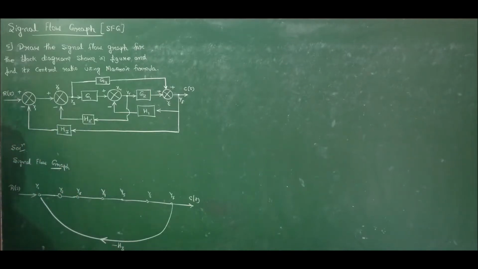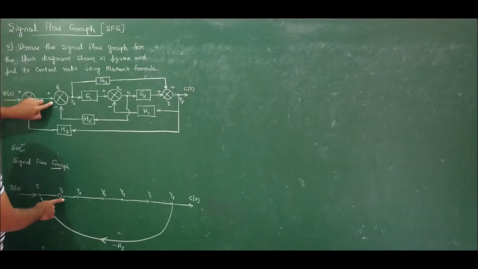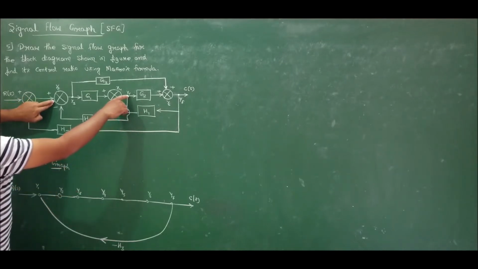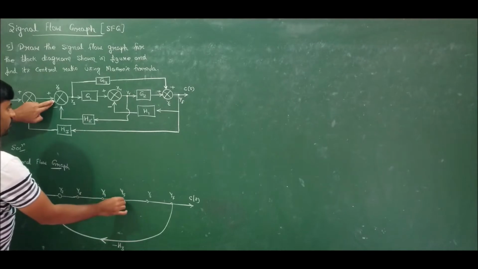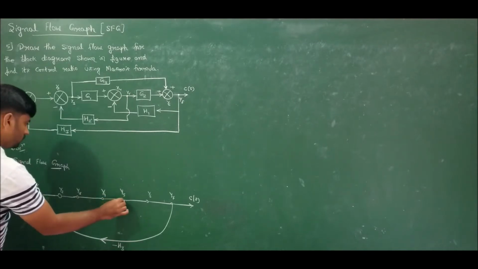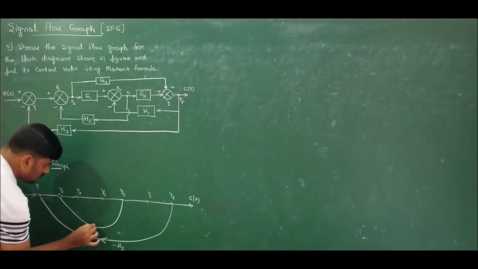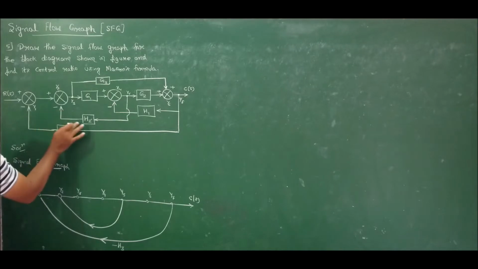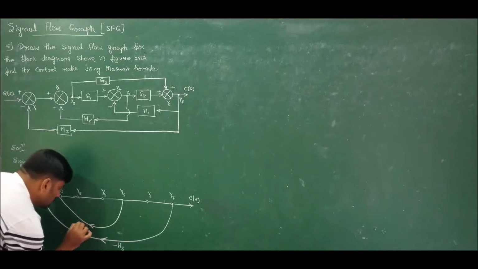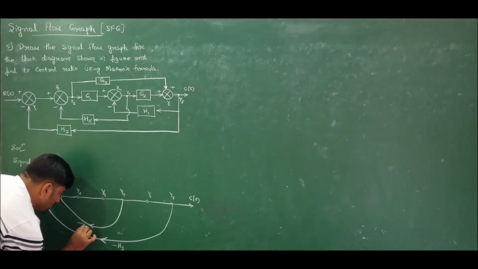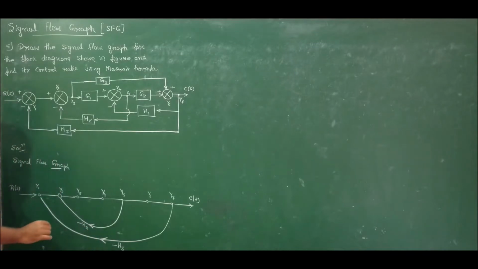Hope you understood. Next, move to node y2. Node y2 is a summing point for which we have feedback from node y5. So from node y5 we have a feedback to node y2. What is the value of this feedback? This is also a negative feedback, therefore it is minus H2.